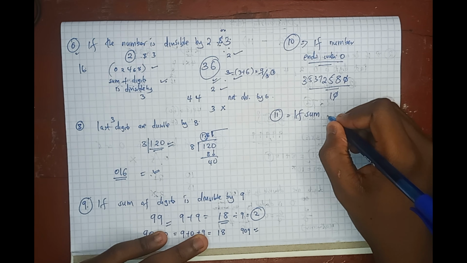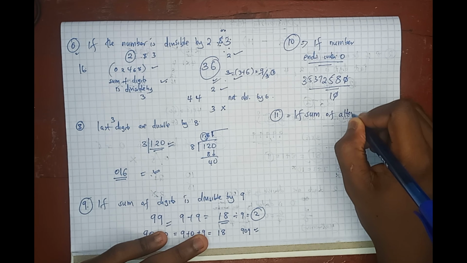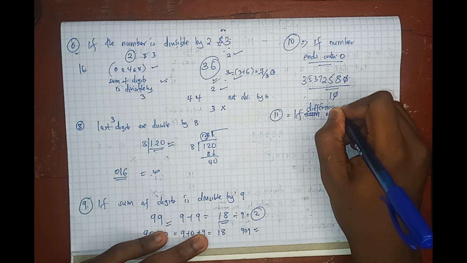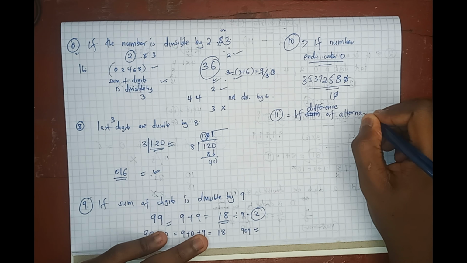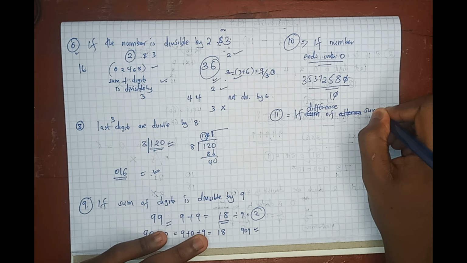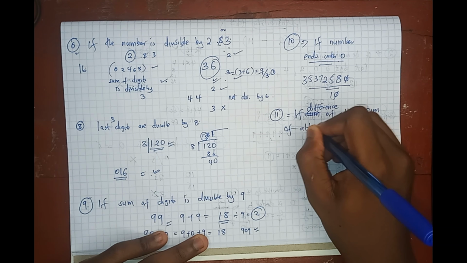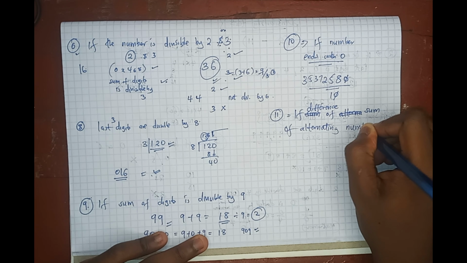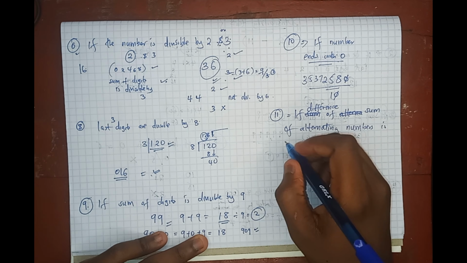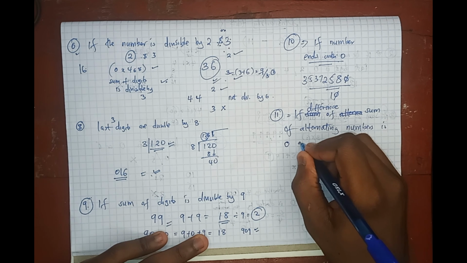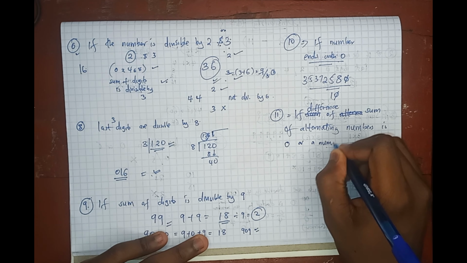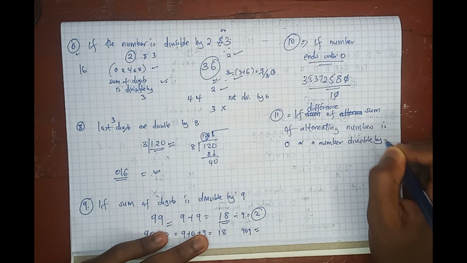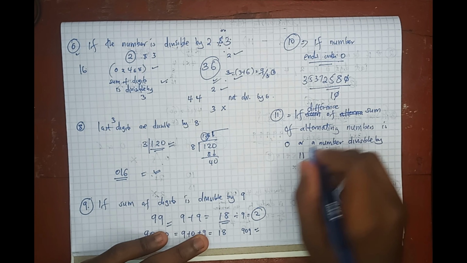For this, if the difference of the sum of alternating numbers is 0 or a number divisible by 11, then the number is divisible by 11.